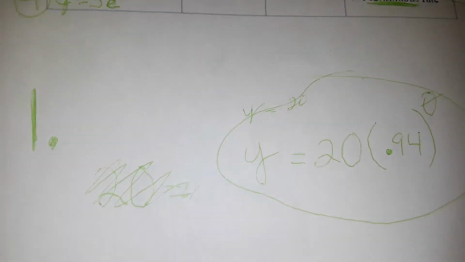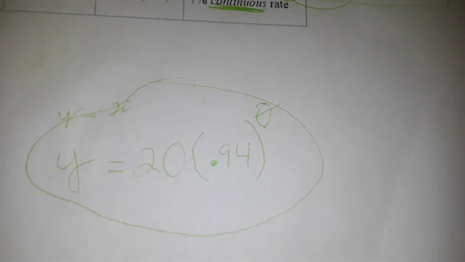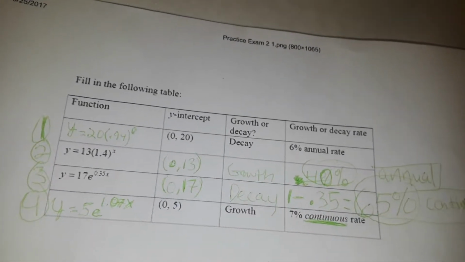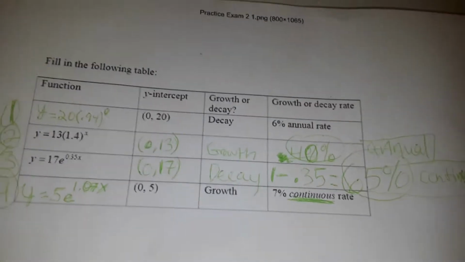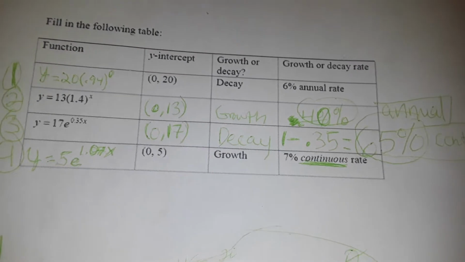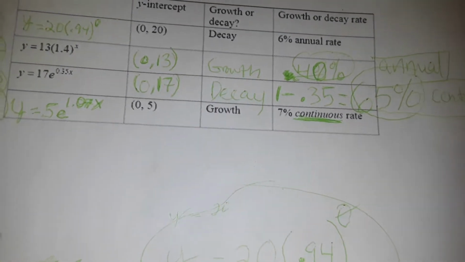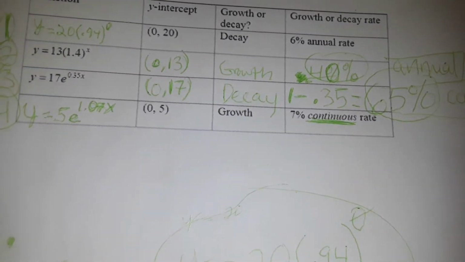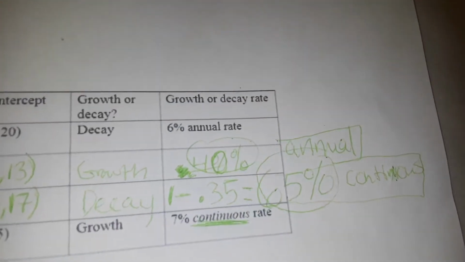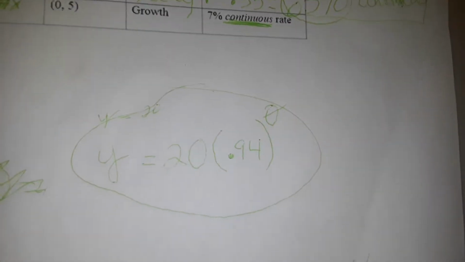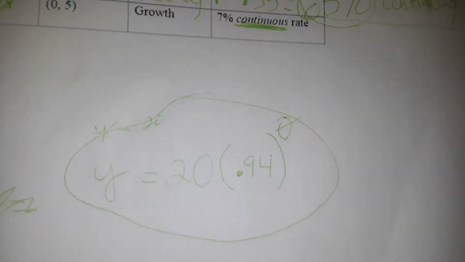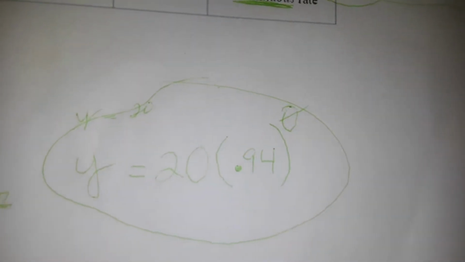Now, since we know that the y-intercept is also the initial value, we can put a as 20, and because it is a decay, it must be less than 1. Now, we don't know how much less than 1 until we look at the decay rate, which is 6%, so it is 1 minus 0.06, or 0.94.